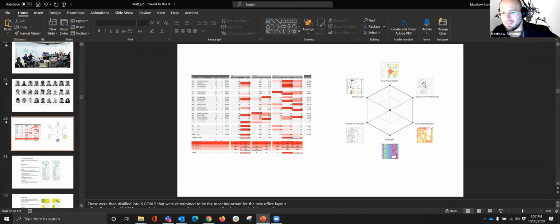In real life, we had our Autodesk employees say that they wanted something called adjacency preference. What is adjacency preference? It's not like daylight or views to outside. These two are easy to measure. They have tools and plugins that can be easy to adopt into the workflow. But something like adjacency preference and interconnectivity are very subjective.